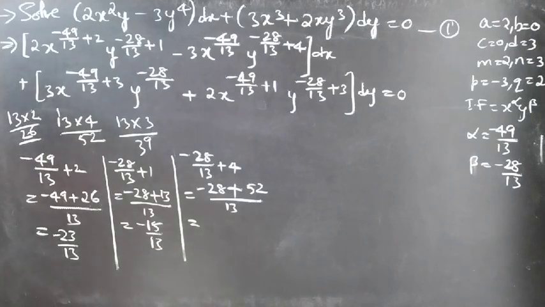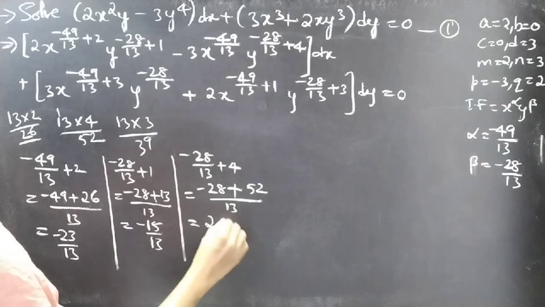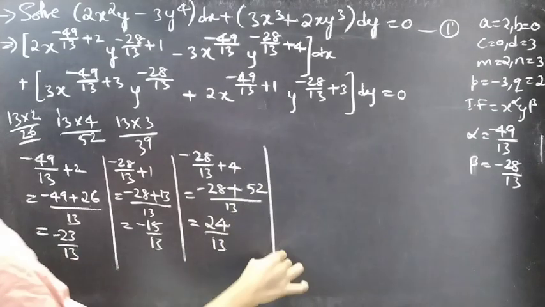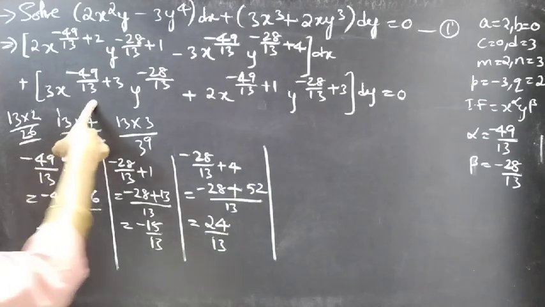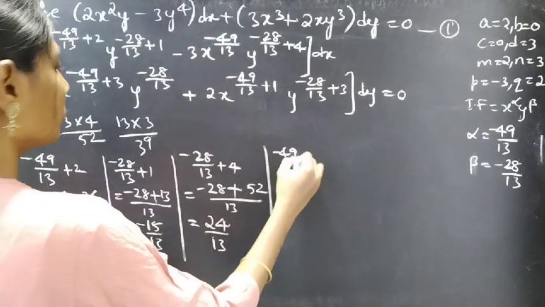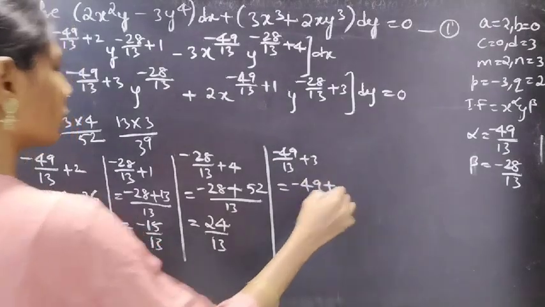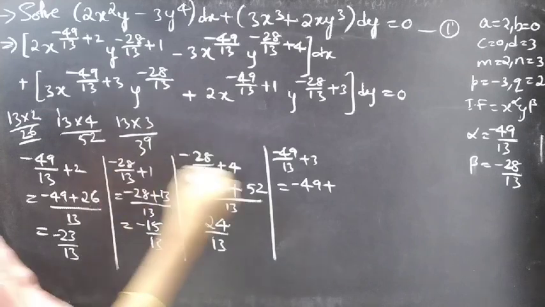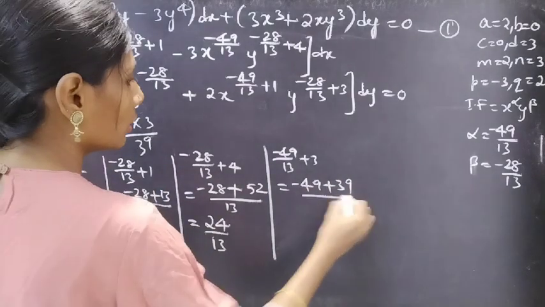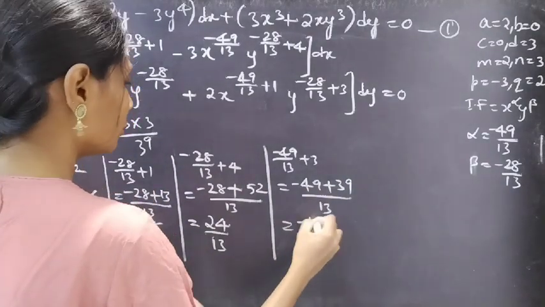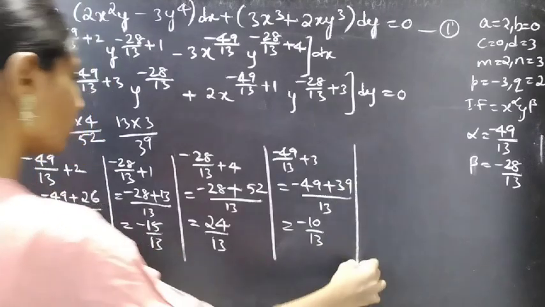52 minus 28 gives 24 by 13. Minus 49 by 13 plus 3: minus 49 plus 13 3s are 39 by 13 gives minus 10 by 13.